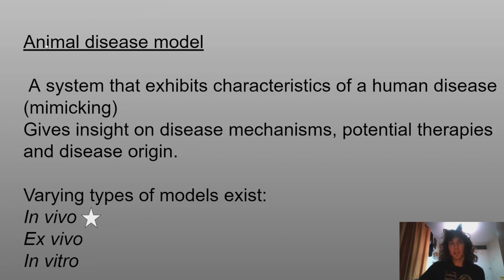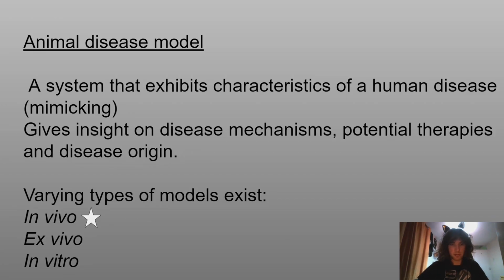So, an animal disease model is just a system that mimics a type of human disease in another organism. This gives you insight on the disease mechanisms, the potential therapies, and disease origin. Let's say you do a normal EMS mutagenesis to get your candidate gene, like in Drosophila.